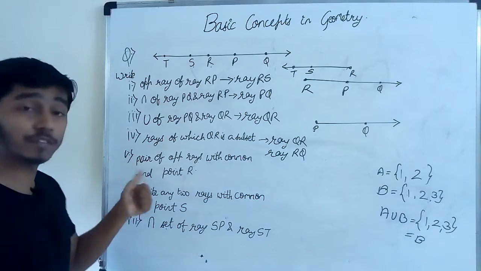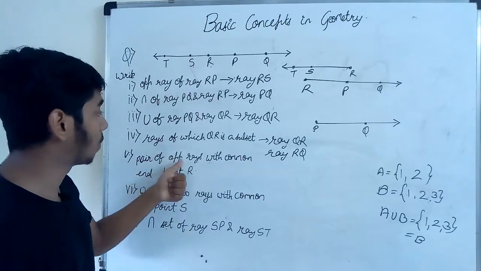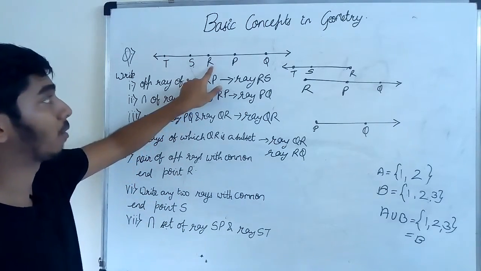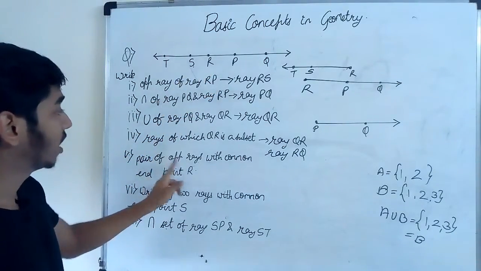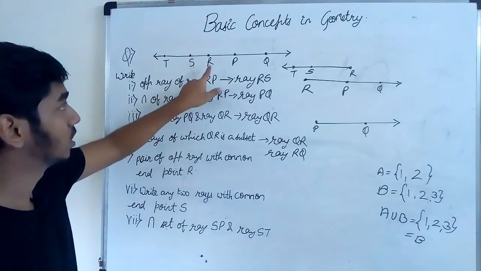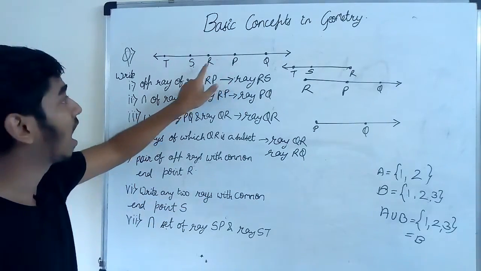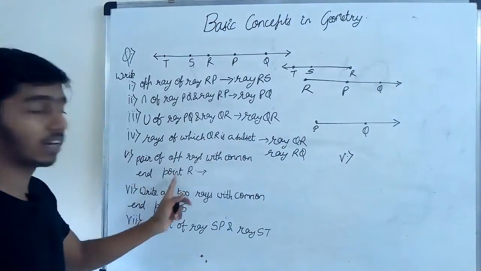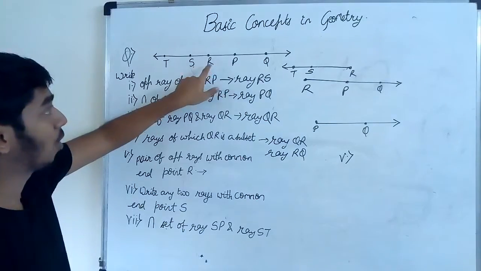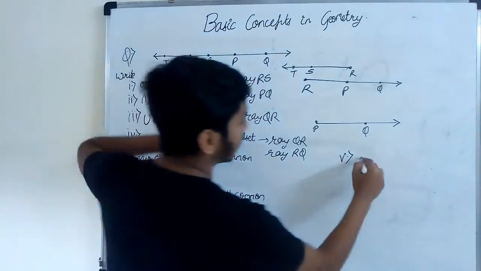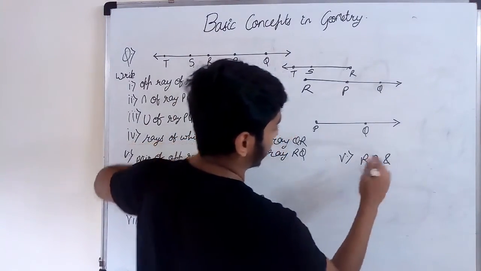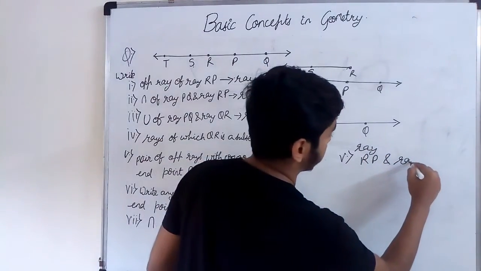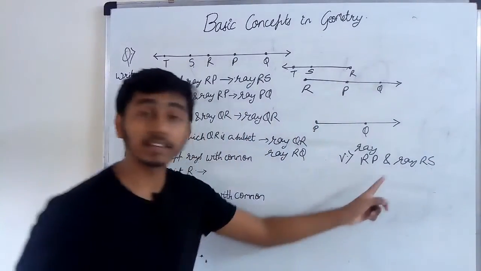Then the fifth one, which says pair of opposite rays with common endpoint R. So the common endpoint, point R, is over here. Pair of opposite rays: we can write ray RP and ray RS.